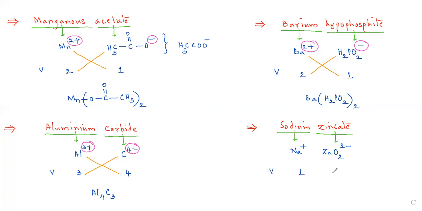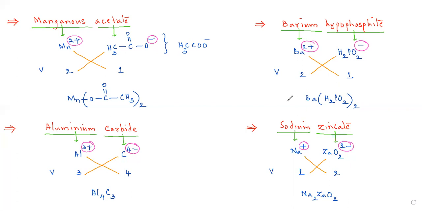The valencies are 1 and 2. Cross the valence. What do you think? Na2ZnO2. Right. So that is sodium zincate.